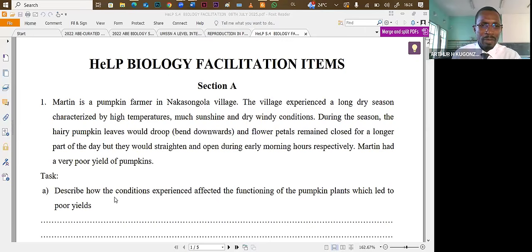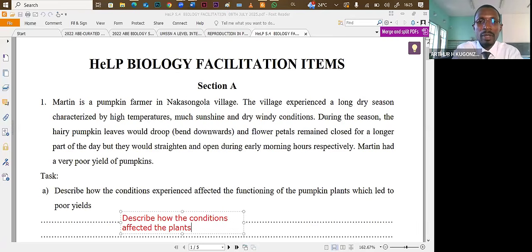So maybe let me type it here to guide people who are just logging in. In my own interpretation, the task wants us to describe how the conditions affected the plants.